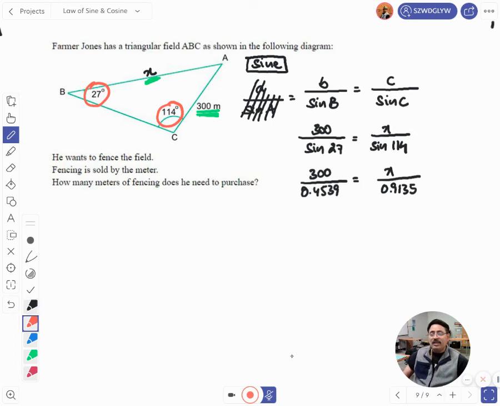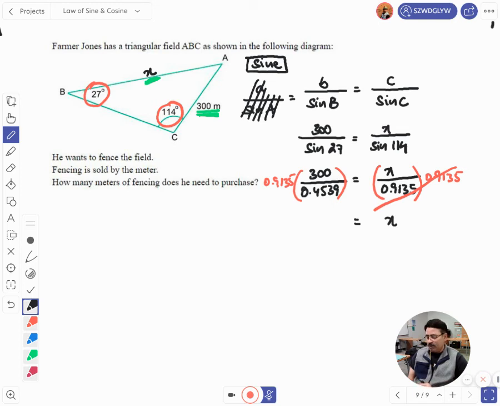0.9135. Then you know how to isolate x value. So I have to multiply on both these sides 0.9135. So once this one gets cancelled, then let me compute by using my calculator. 300 divided by 0.4539, the result is to be multiplied by 0.9135.